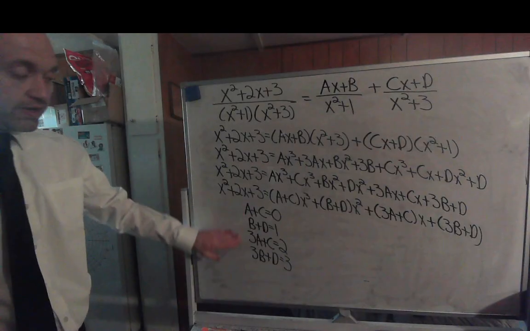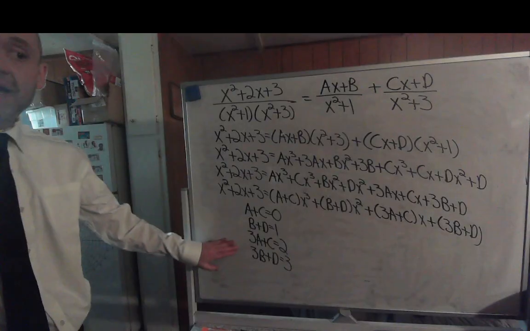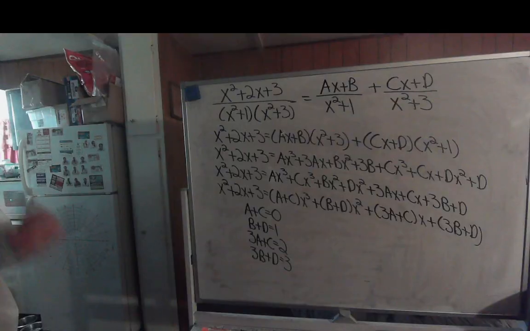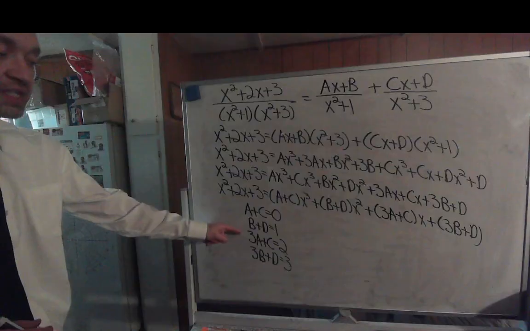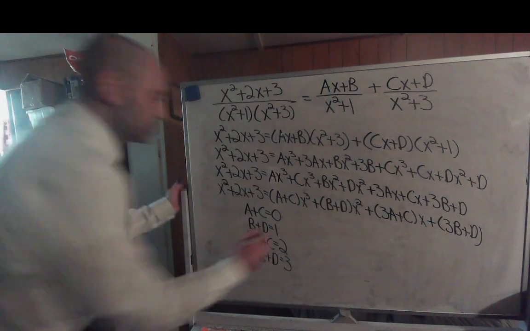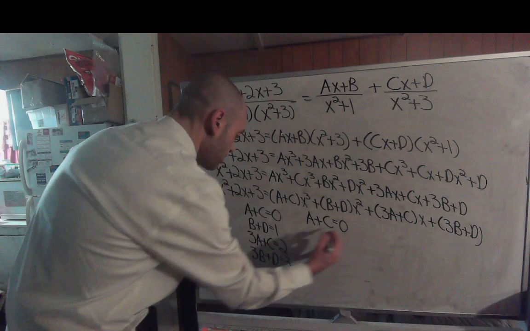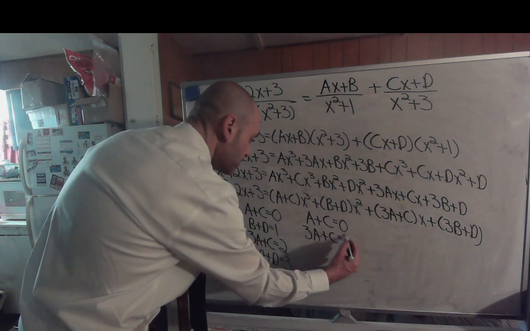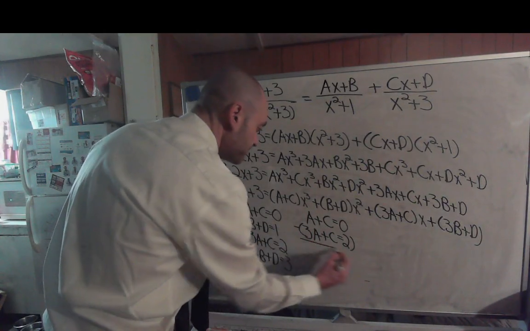You have 4 variables and 4 equations. But this isn't going to be as bad as you think. You want to know why? Because you can do a plus c and 3a plus c and solve for those 2 variables. So if I take a plus c equals 0 and 3a plus c equals 2, I can easily eliminate the c and solve for a.